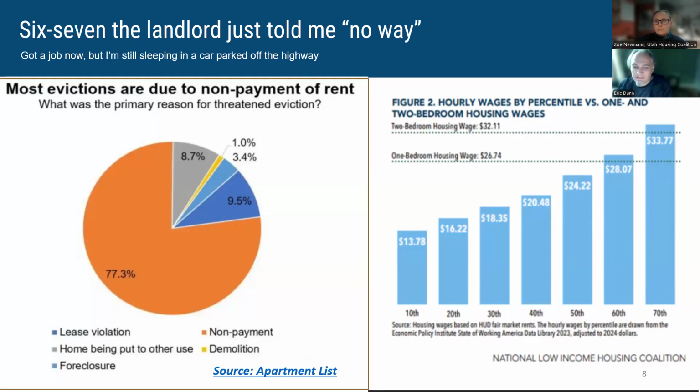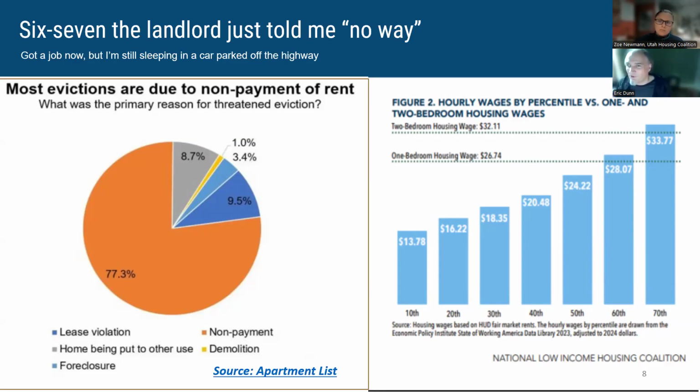This is one data point from an industry source where they had found about 77% of evictions were based specifically on non-payment of rent. There's also additional evictions that happen for, say, no cause, but the underlying cause is maybe this person fell behind on rent 2 or 3 times in the preceding year. So the landlord is evicting them.